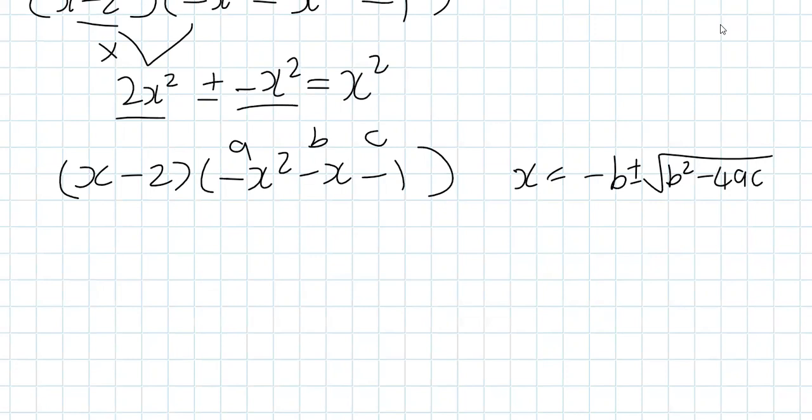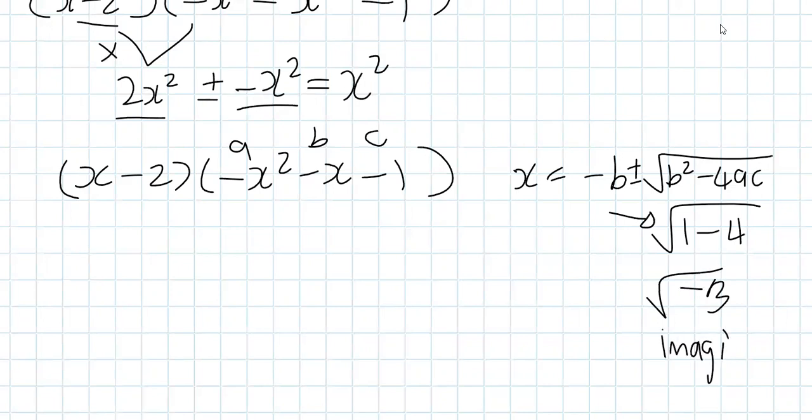And looking at this, we're going to get 1 minus 4. I'll just check on this because it's going to be 4 times -1 times another -1, which is going to be negative. So we have a situation where underneath the square root is going to be a negative number, which is imaginary. It doesn't exist. We can't do it. So I think for this one, we can safely say that there's only one real answer.